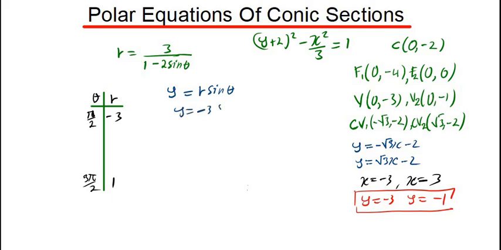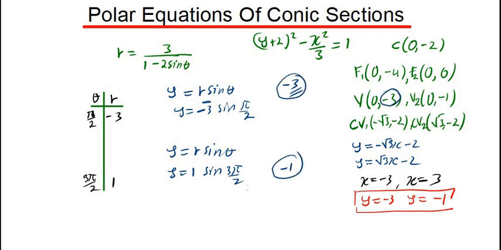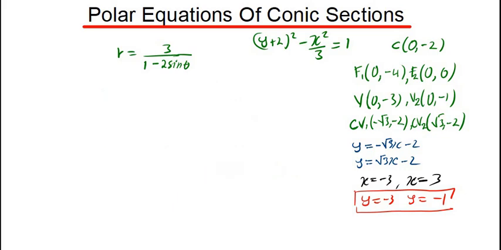Then y again is equal to r sine theta, where r is 1 and sine 270 is minus 1, so you get minus 1 instead of a positive 1. This is the minus 3 here and the minus 1 there. So that's another unique way of getting your vertices. The foci are very easy to find too, but I won't go that way, since we already have a simple way to find everything else by converting to Cartesian.